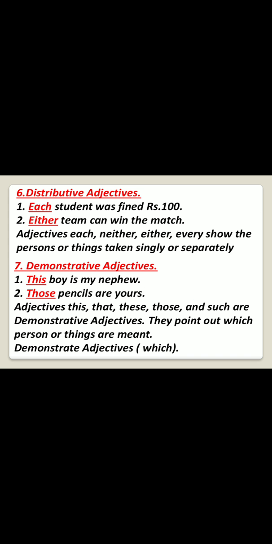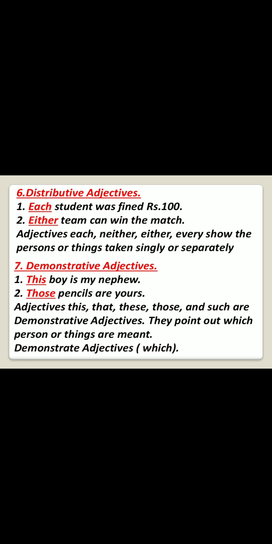Number 6, distributive adjectives. Here, it describes that the persons or things are named or taken separately. So, it is called distributive adjectives. For example, number 1, each student was fined rupees 100. Number 2, either team can win the match.